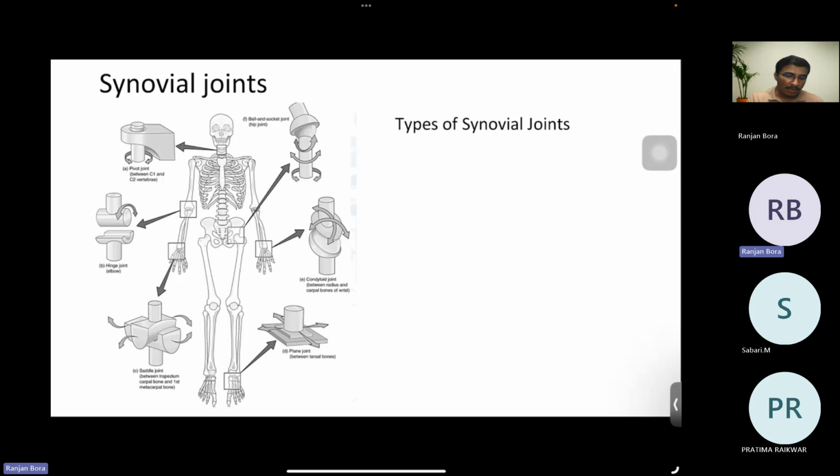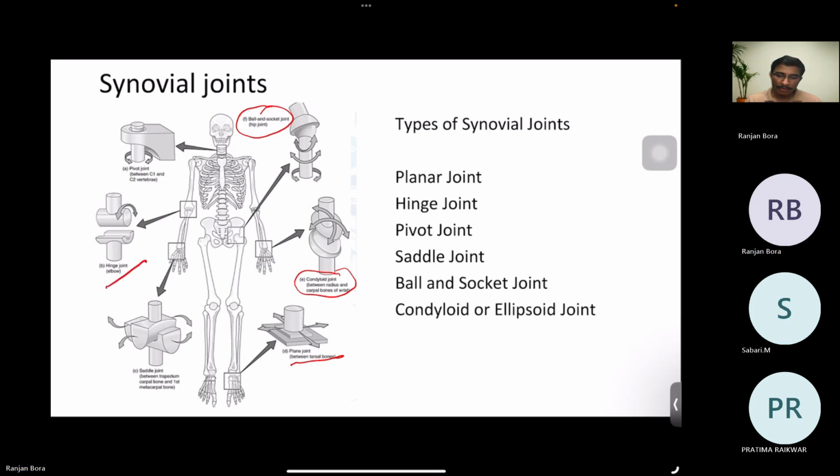This is the ball and socket joint, which is the hip joint, and in our wrist there is the condyloid joint between the radius and carpal bones, and in our ankle there is the plane joint between the tarsal bones, and the elbow joint is a type of hinge joint. So these are the types of synovial joints, which are planar joint, hinge joint, pivot joint, saddle joint, ball and socket joint, condyloid or ellipsoid joint.